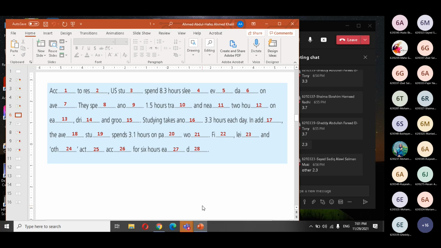We didn't talk about academic in our text. It was about time we spend on sleeping, on leisure. Accessible, Doctor? No. Is it in the text or not?